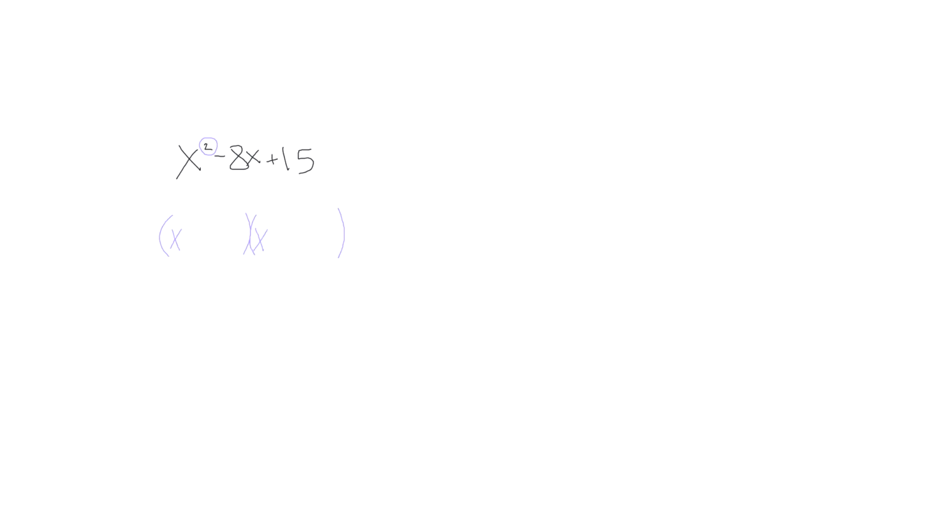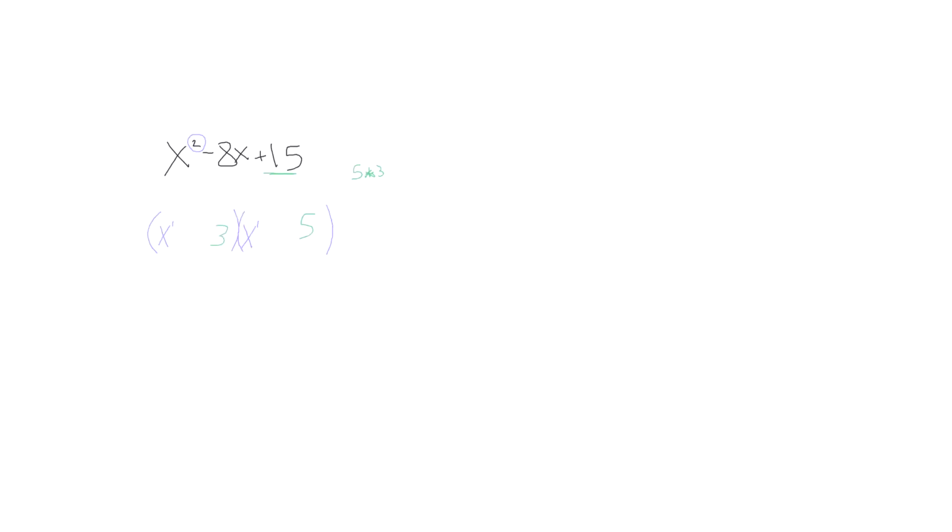And x times x gives me x squared. Then I look at the last number, 15, and I try to think, what times what gives me 15? There's not many choices. 5 and 3. I could try 15 and 1, but it's the cheap solution, and usually it's not that. 5 times 3, so I'll do 5 and 3.